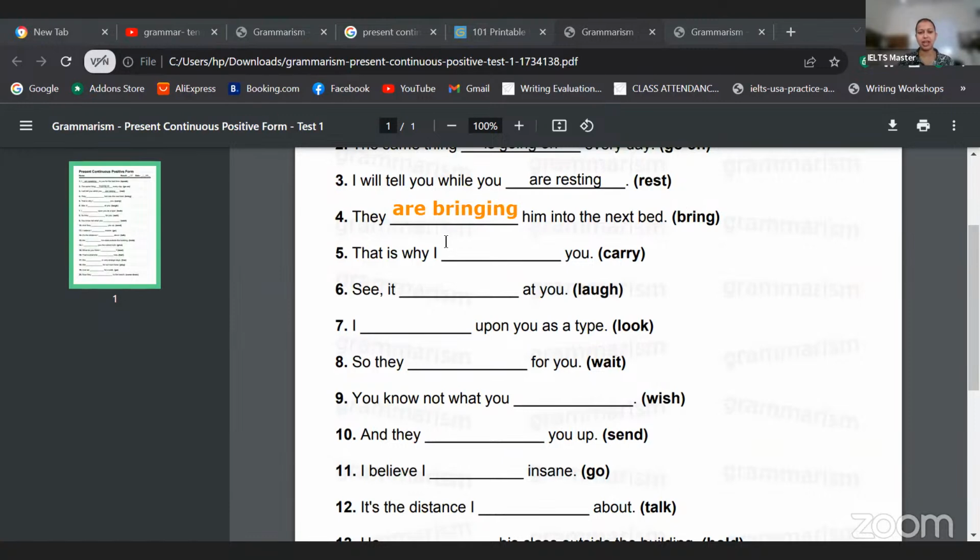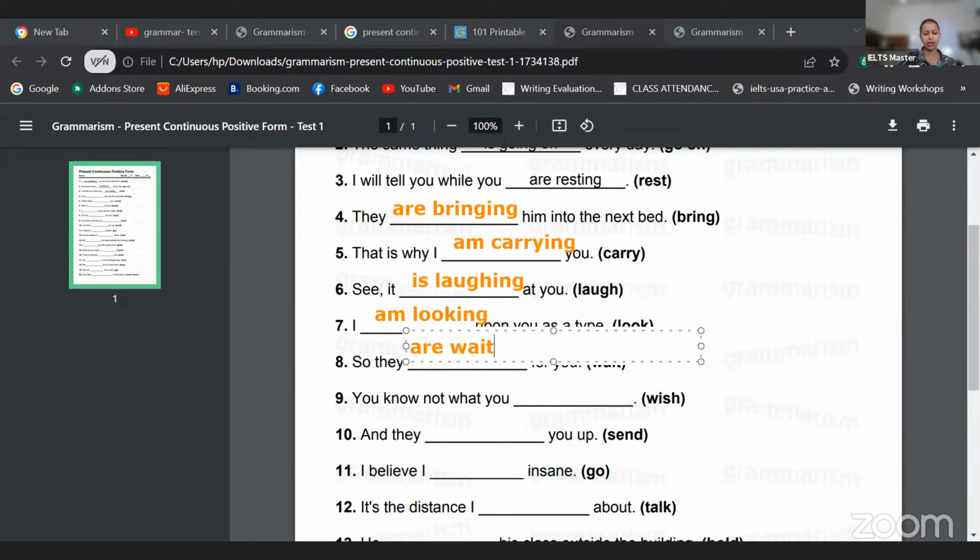That is why I am carrying. See, it is laughing. I am looking. So they are waiting. You know not what you are wishing.